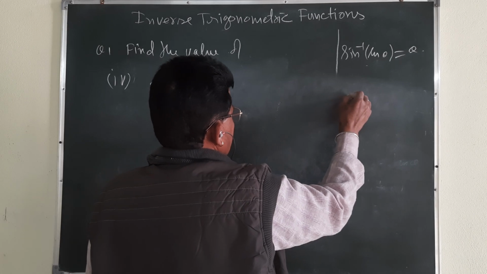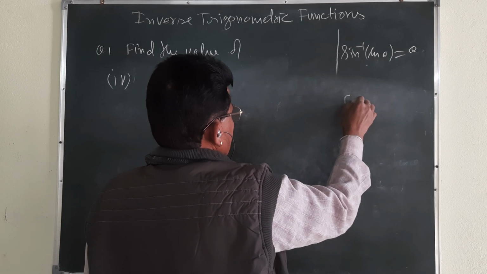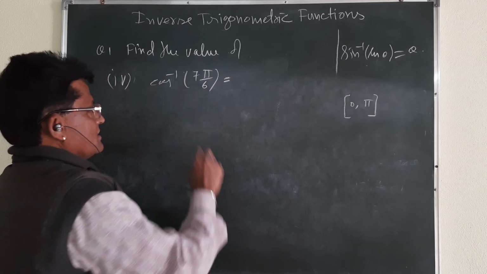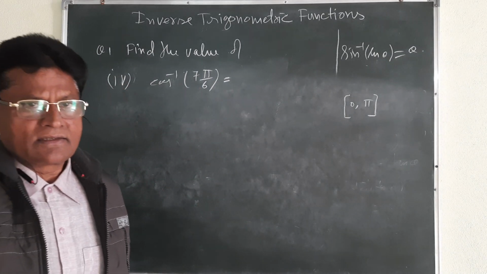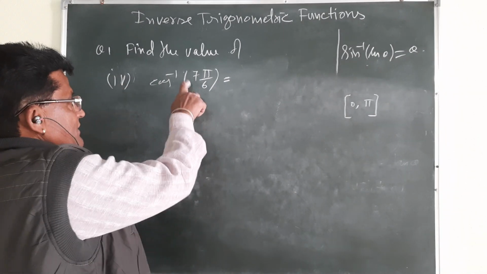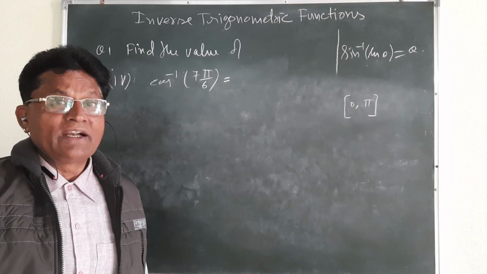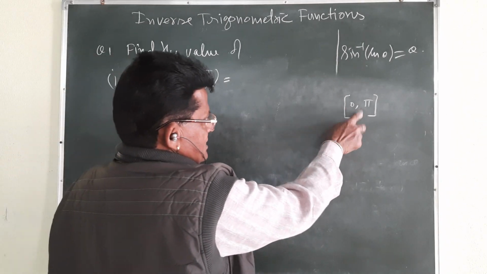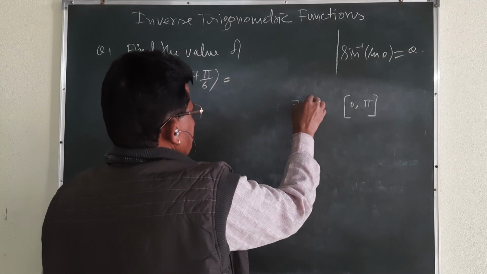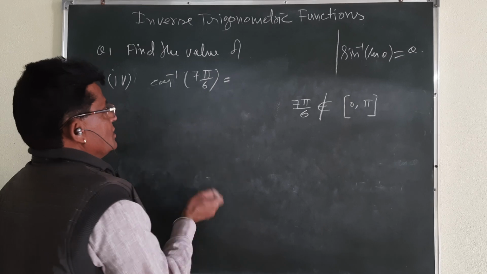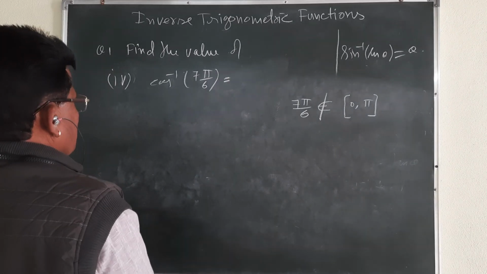That is 0 to pi. You see, pi upon 6 is 30 degrees, and 7 into 30 is 210. That will not lie in this branch. That is why 7 pi upon 6 does not belong to it, so you will have to find its value.